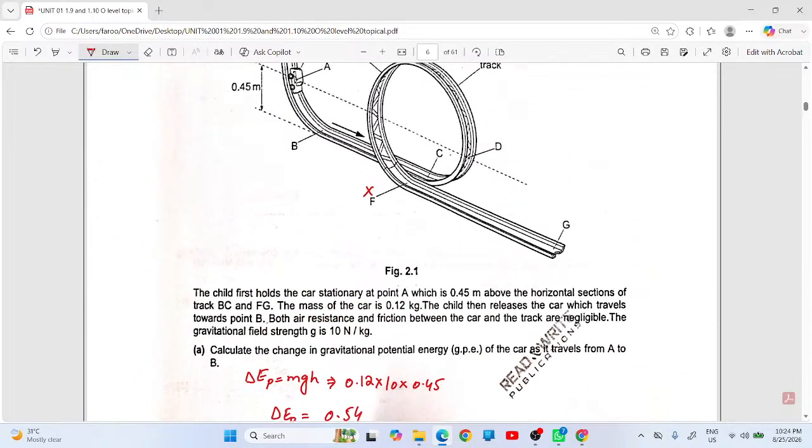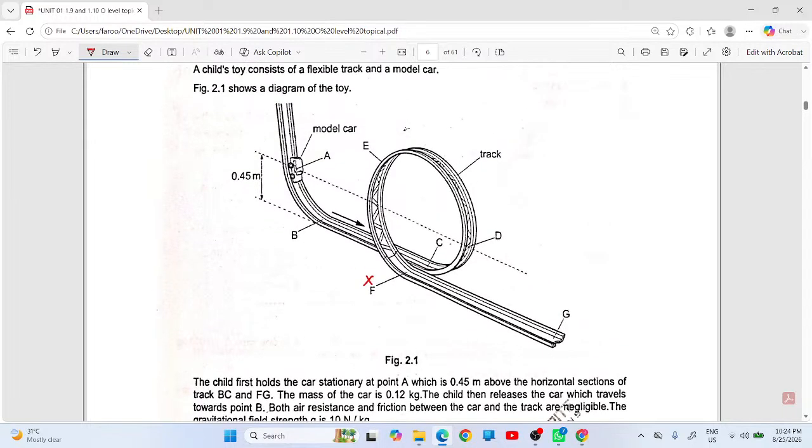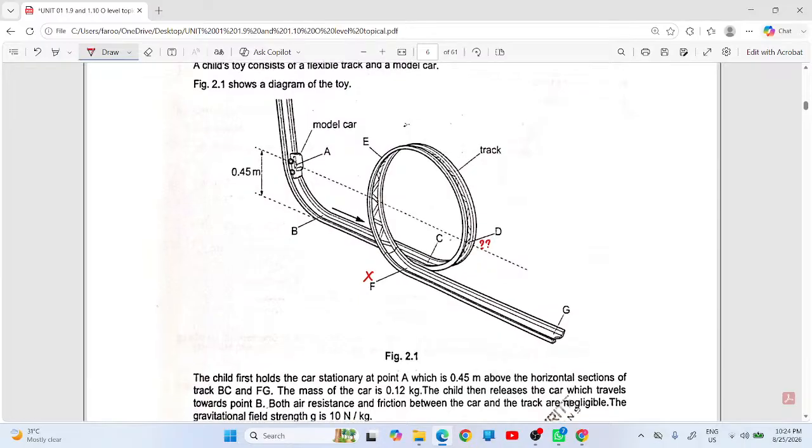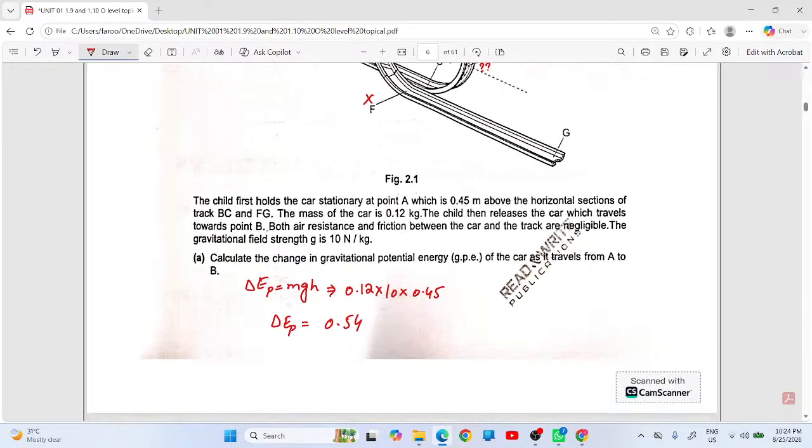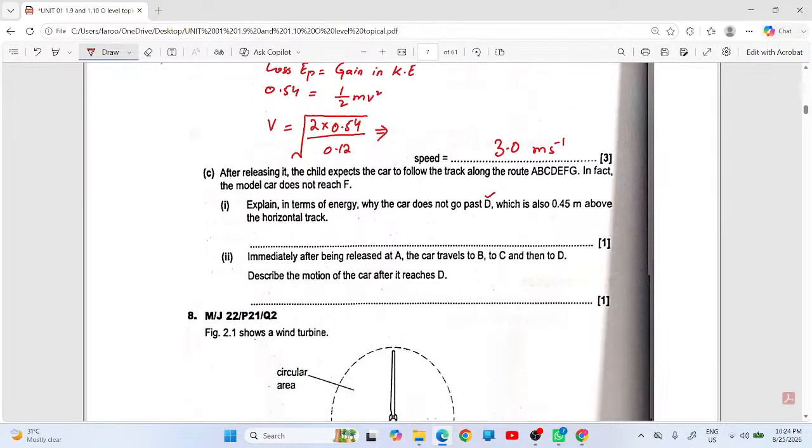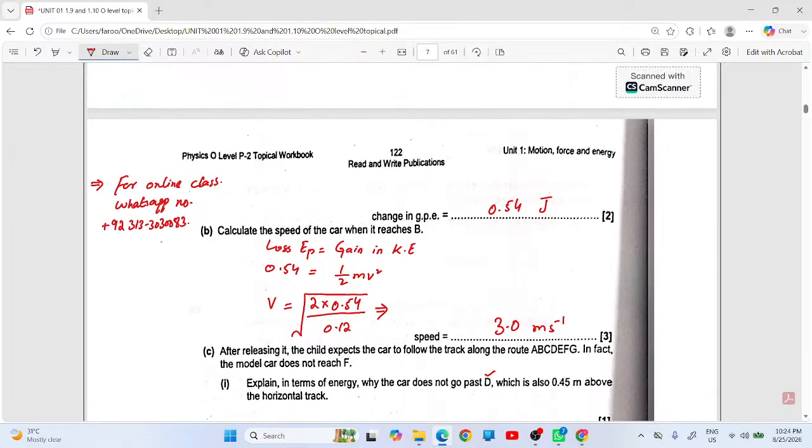Where is D? The car cannot reach D and will not pass it, although it is at 0.45 m, because some of the energy is lost due to friction between the tire and the track.